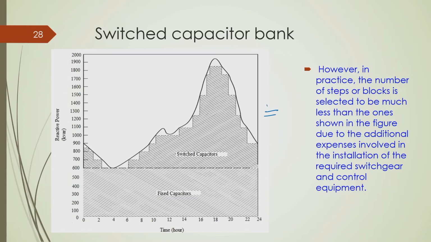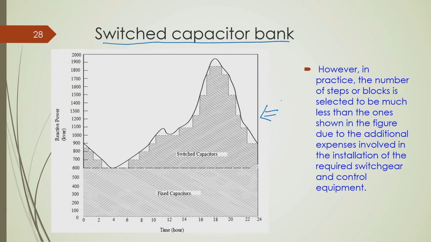So, we have to have a trade off in these two situations, that we have to keep some capacitors fixed, some capacitors switchable, but we need to minimize the switching as much as possible. Okay. And this is a typical switching or typical time varying capacitive compensation.